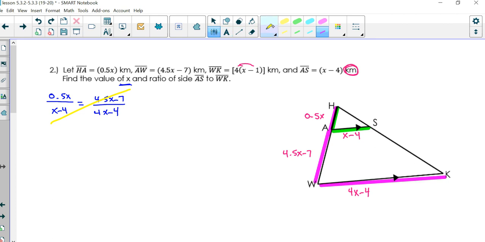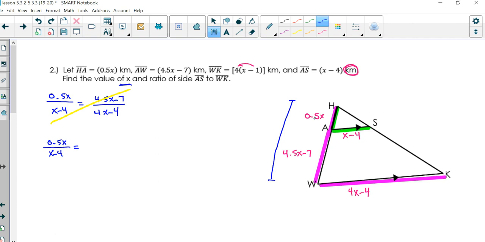So that's the proportion that I need to set up. When I set this up, it's going to be similar, but I'm going to have to change one of these expressions. I do want to do this left side over the bottom, so I am going to say 0.5x over x minus 4. I want to set it equal to the left side. That means I need to go all the way from H down to W, not A to W. So I need this entire side.